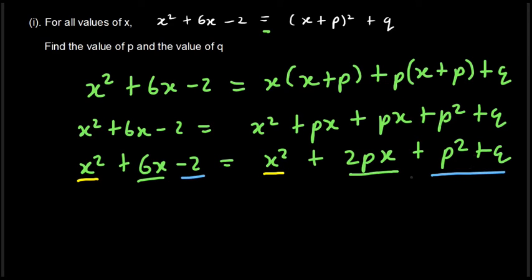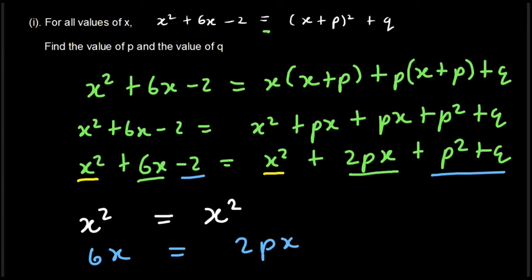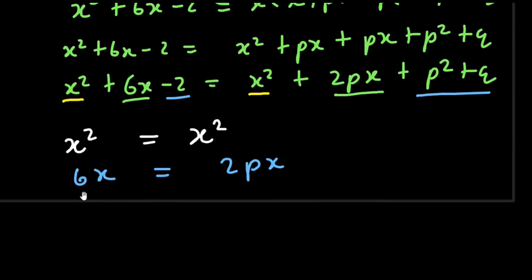So p squared plus q is a constant, and minus 2 is also a constant. Now let's solve. x squared is the same as x squared, and 6x is the same as 2px. So now we can solve for p.